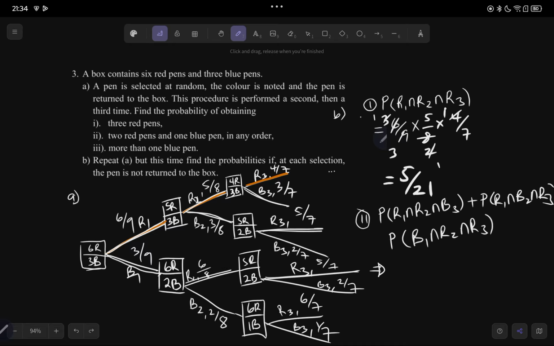Red one, if you are following the path, red one is 6 over 9. We are here. Then 5 over 8. Then 5 over 7. No, this is 3 over 7. The second one, red one, 6 over 9.